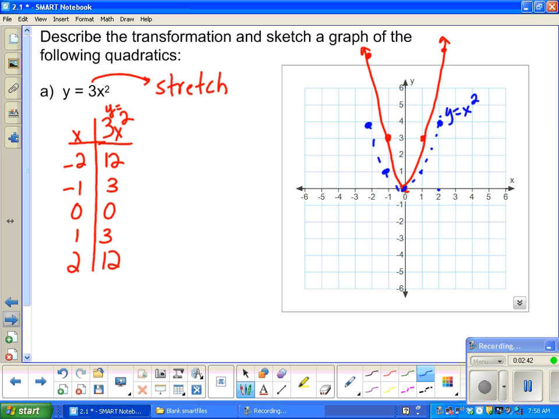What's my domain? My domain would be all real numbers, because I can put in any x value. However, my range, there's a low point in this one. My y's are not any less than that, my graph is going up, so my y's in my range are going to be greater than or equal to 0.